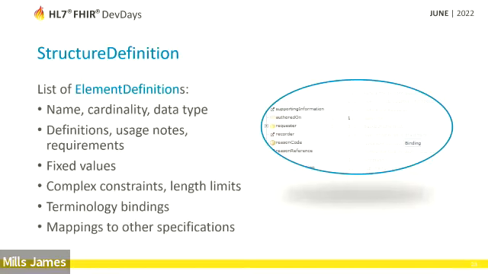You can also add fixed values to these elements. Or you can add even more complex constraints using the FHIR language, for example, to specify a length limit or something like that. You can add terminology bindings. And finally, if you know them, you can add some mappings to other specifications as well.